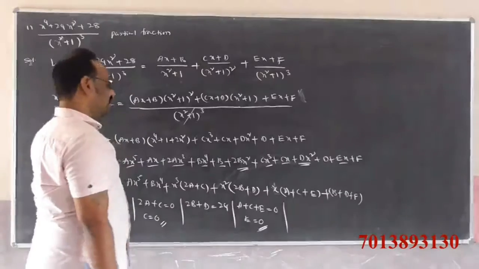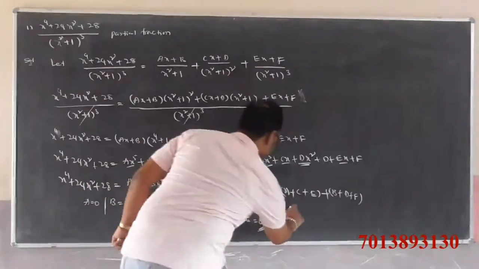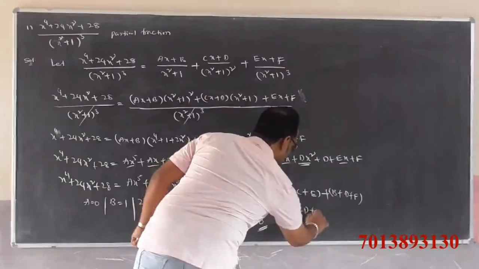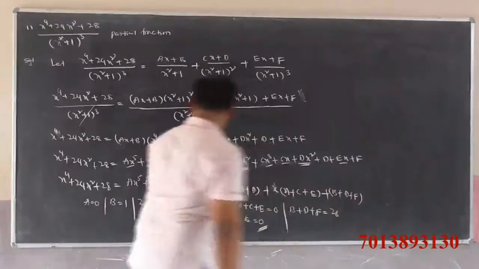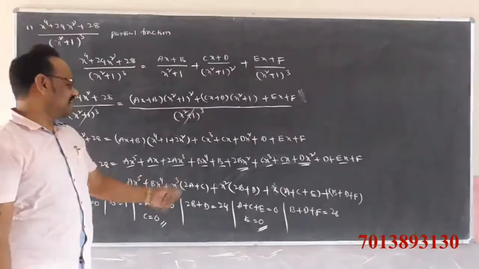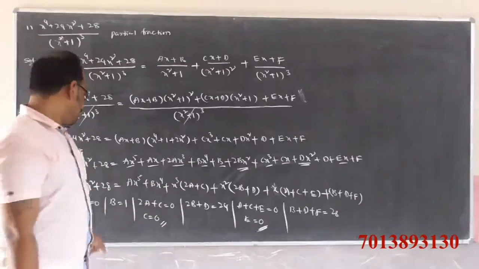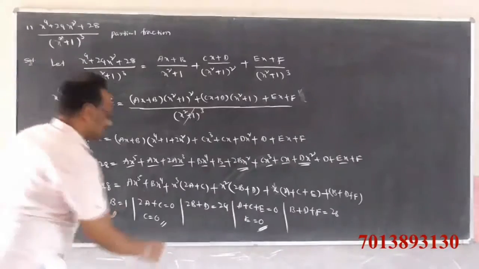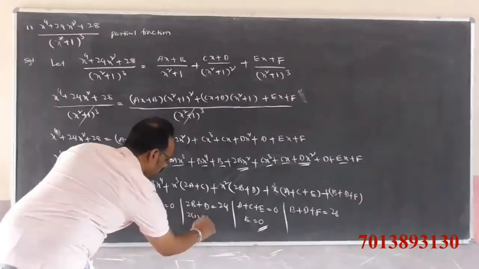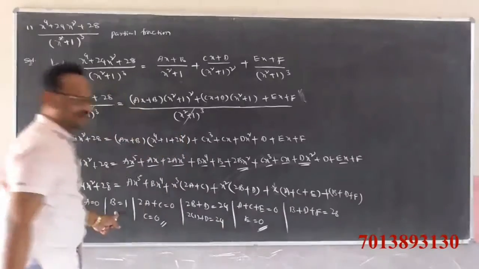And what is the constant term? The constant term is b plus d plus f, which is equal to 28. Here, the b value is 1. Substitute: 2 into 1 plus d is equal to 24.